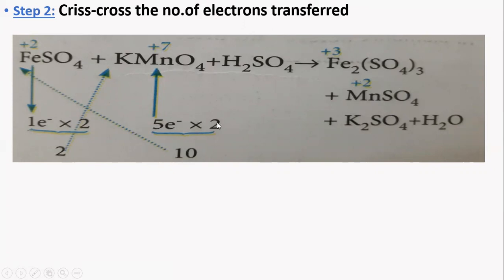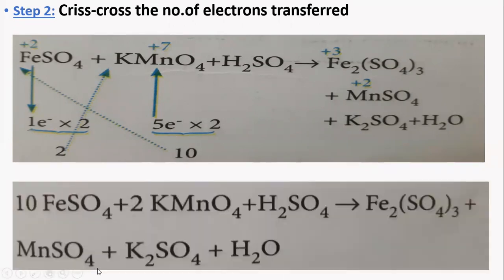Same we have to do here, so we get 2 into 5, that is 10. So now we have to cross multiply it. After cross multiplying, the 10 that we obtained here we have to multiply with FeSO4, and this 2 will be multiplied to the KMnO4.